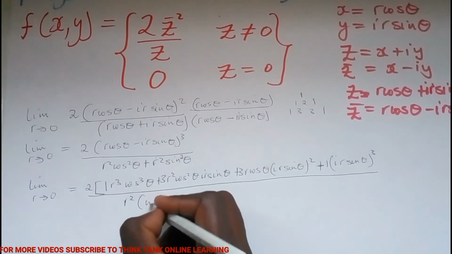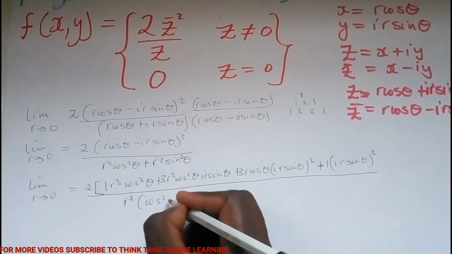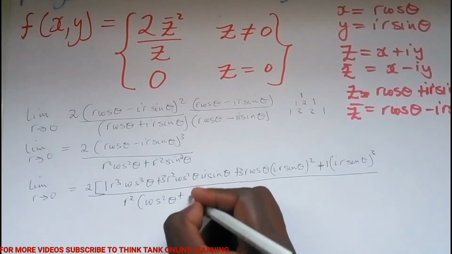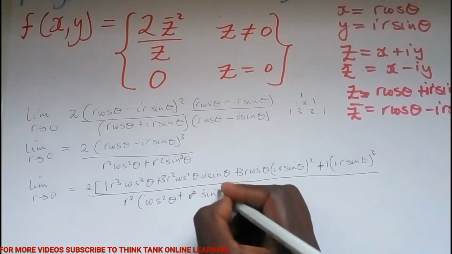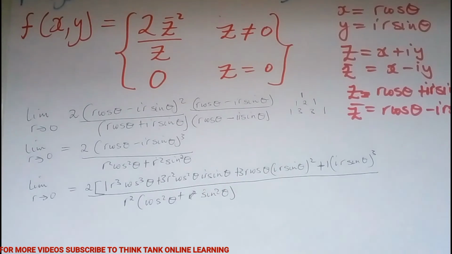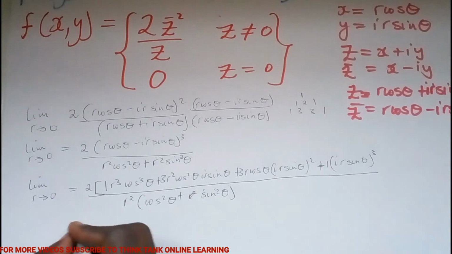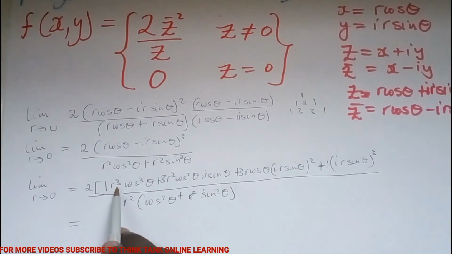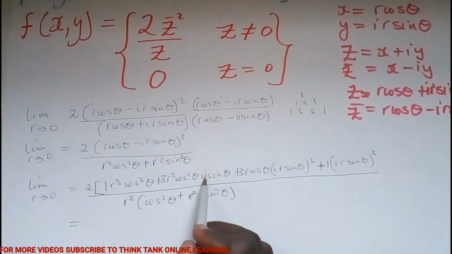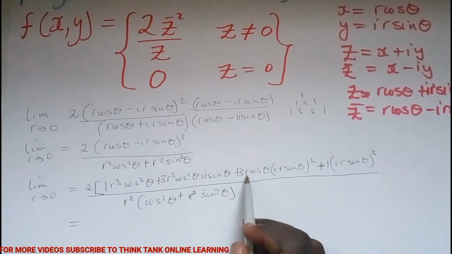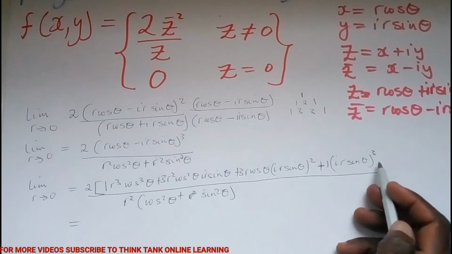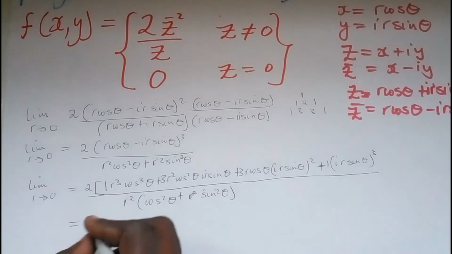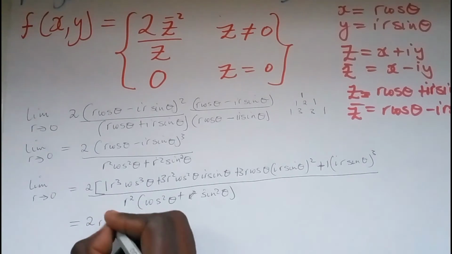And I'm going to divide this by, let me just factorize here, r squared, so it's going to be cos squared theta plus sine squared theta. As you can see, this is equal to 1. And as you can see, we have r cubed here, and r times r squared is also r cubed, then r to the power 3 is r cubed. So I'm going to factor out r cubed, so it's going to be 2r cubed.